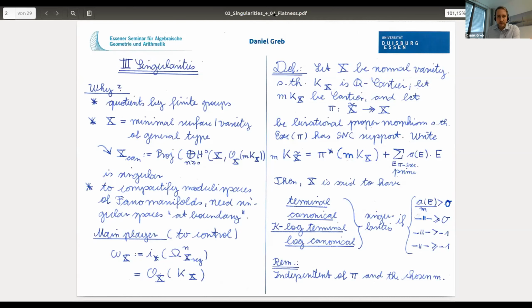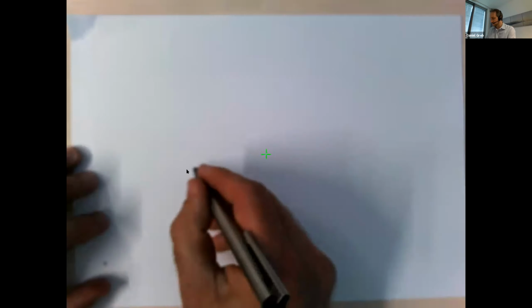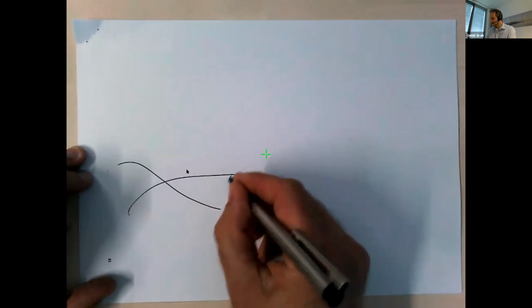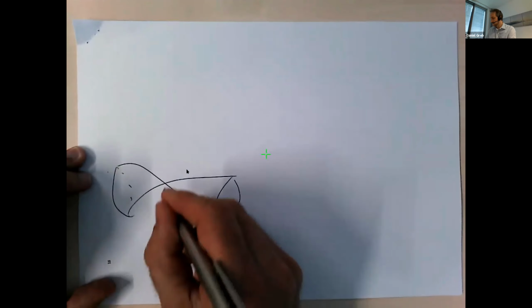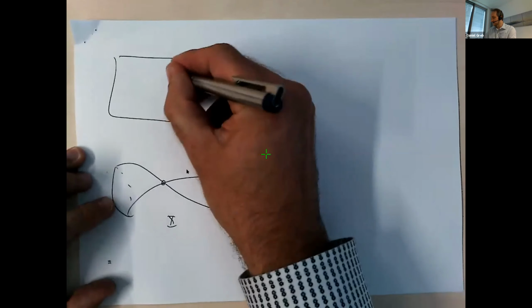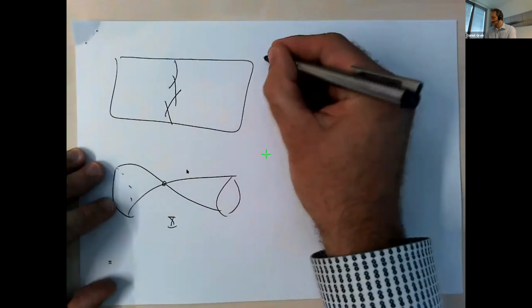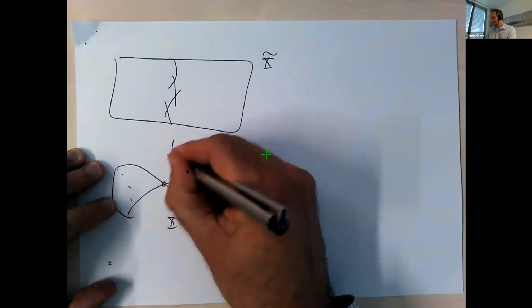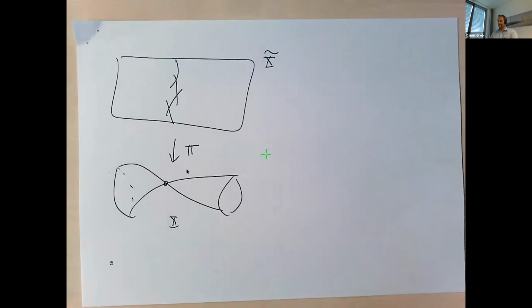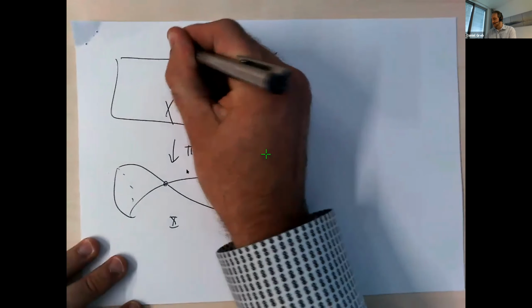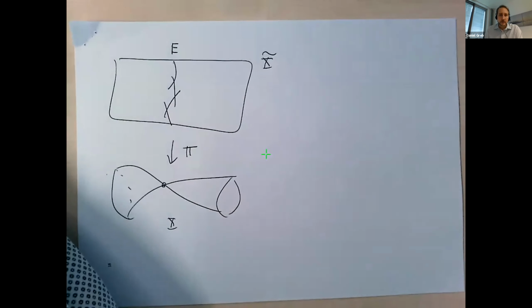So let me make a small sketch. Yeah. So the sketch is like this. You have your X, with some singularities, you resolve the singularities by X tilde and a proper birational map, and then you have this exceptional set here.